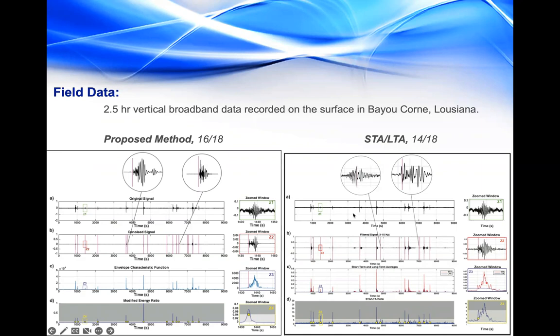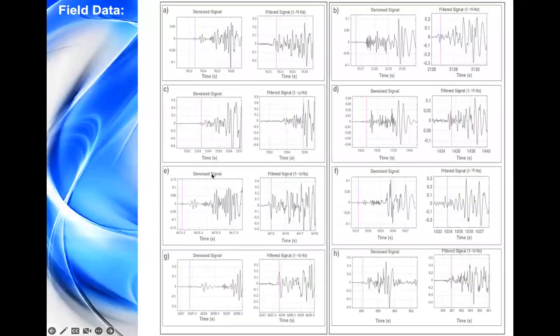On the right, we have the result of a well-tuned STA/LTA algorithm running on bandpass filtered data. Our method removes most of the noise and increases signal-to-noise ratio 3 times over the bandpass filtering. It was able to detect a few more events and was more sensitive to small and nearby earthquakes.